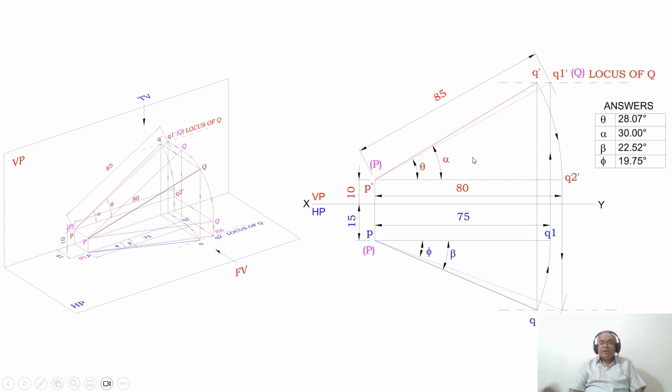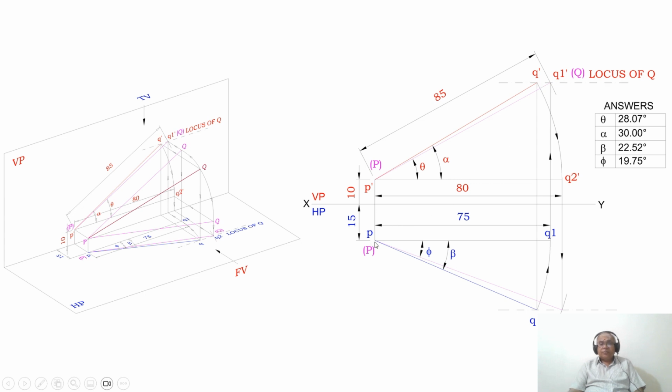Then you measure the angles with respect to HP and VP for both true and apparent inclination. By using the protractor, you measure the true inclination with respect to HP, which is theta, which is 28 degrees, and the apparent inclination with respect to HP, which is alpha, which is 30 degrees.